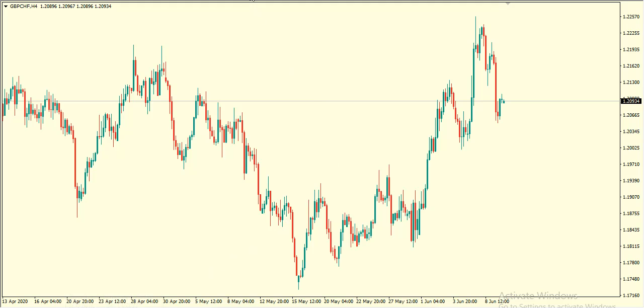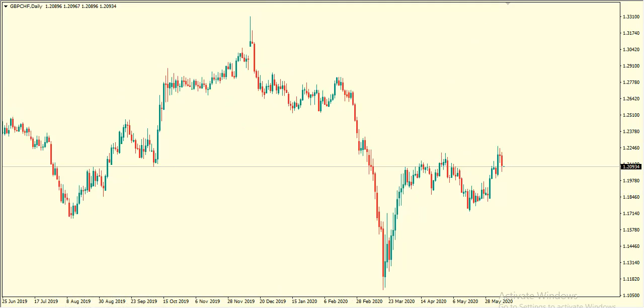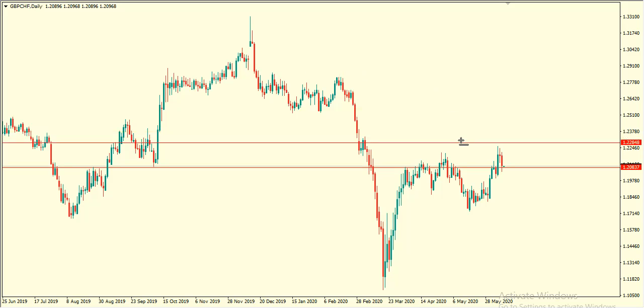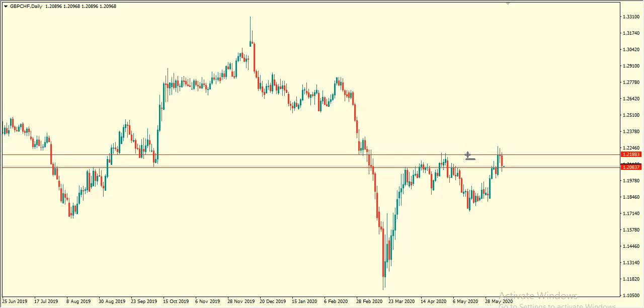Okay, so on pound CHF, what do we have? First of all, let me identify the major levels in the market. Now I have one right down here. I have one up here. I have one up here.